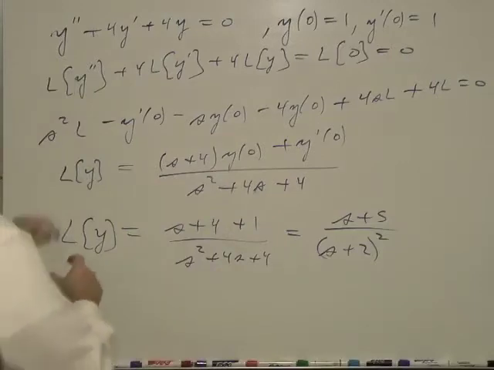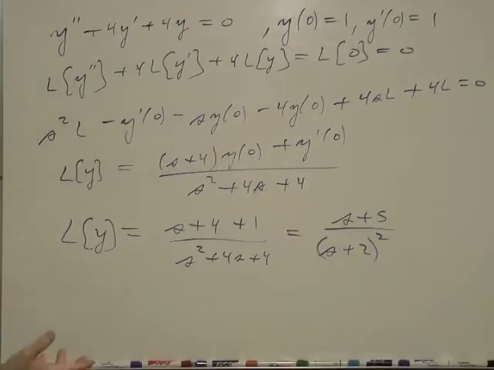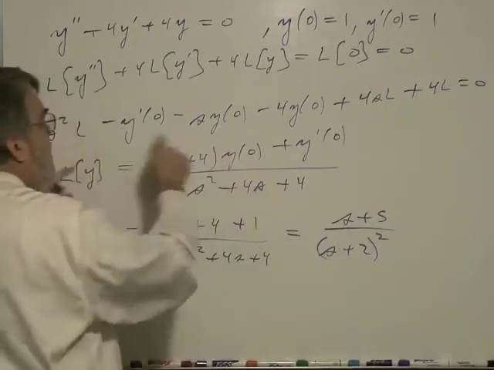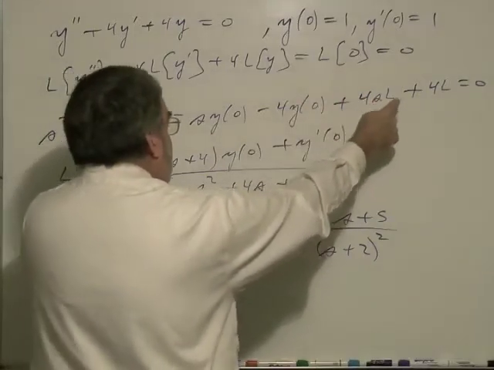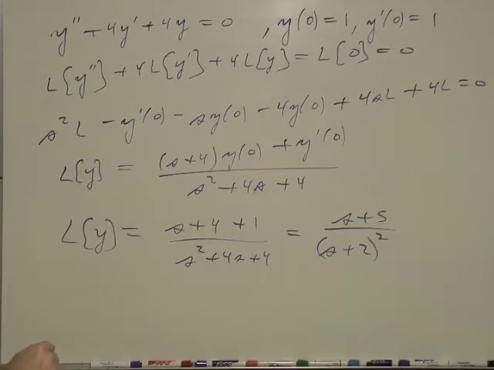And then the remaining three terms with L's, factor the L out and divide by the polynomial, and this is where s squared plus 4s plus 4 came from, down here. So all this from here on down is algebra.